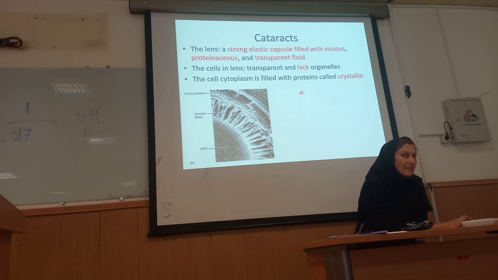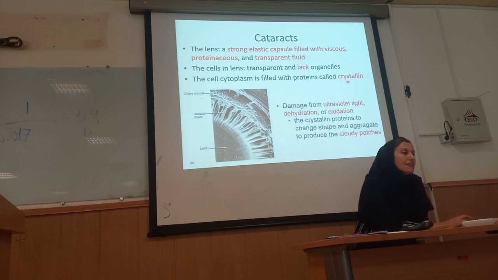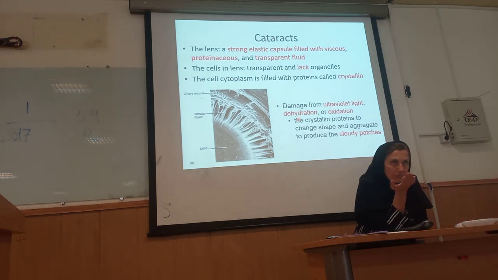One of the important proteins in the cell cytoplasm of the lens is crystalline. This can be damaged by what? Ultraviolet light. Dehydration.